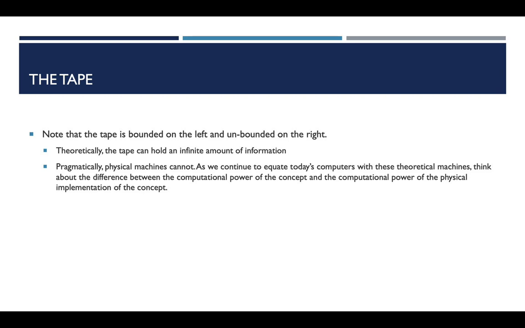What we need to do in our minds is segment the theoretical and the practical aspects of having an infinite tape. A theoretically infinite tape allows us to do computationally powerful things. Practically speaking, we never have an infinite amount of RAM or disk space.